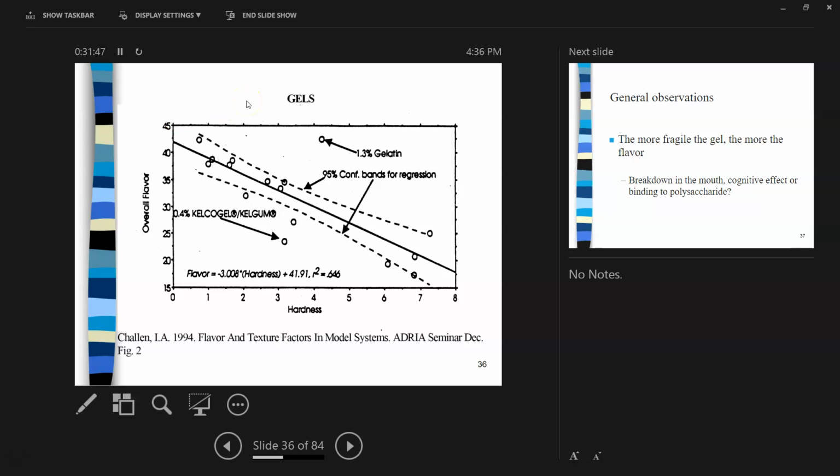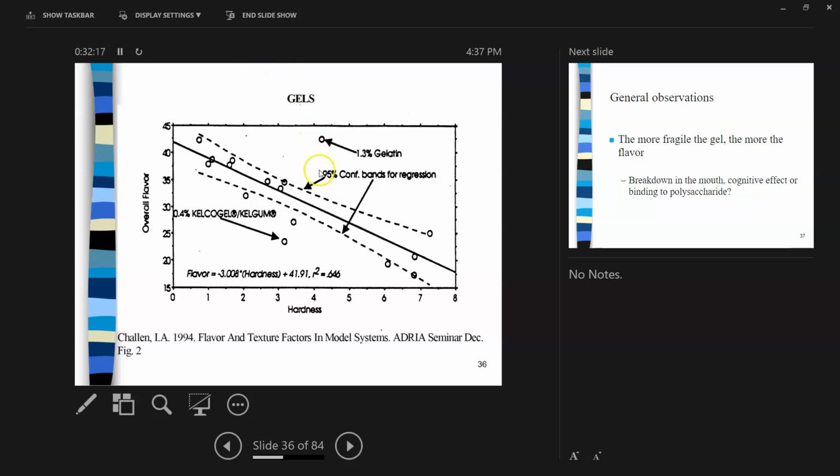And so, when we look at a study like this, this is a bunch of gels. They were formulated with different hydrocolloids to different degrees of hardness, and this is the overall flavor, so again, the sensory perception. And as they got harder, they were perceived as being less flavorful. So whether you talk about something viscous or you talk about gels, there is that expectation.